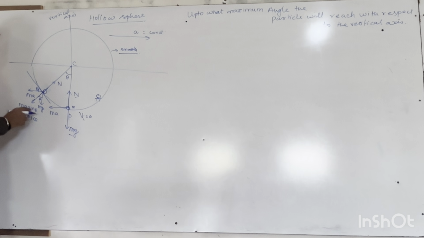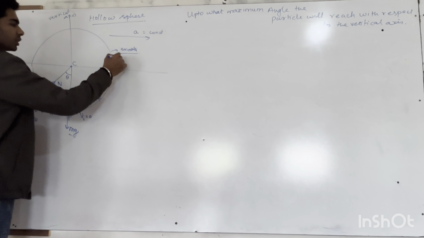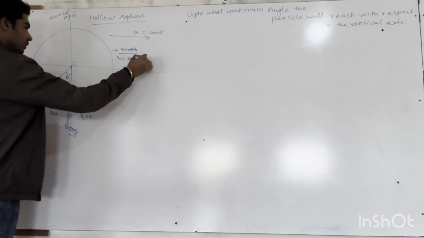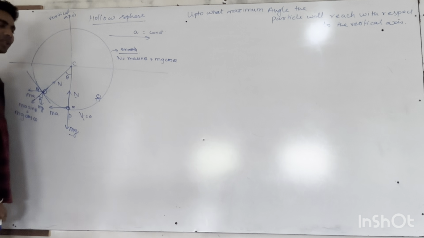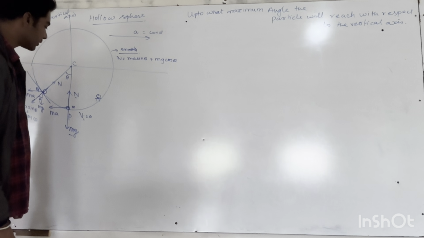Now this ma sin theta plus mg cos theta will try to balance N. So the normal force N will be equal to ma sin theta plus mg cos theta for any theta. Okay, this is not very relevant to our analysis.